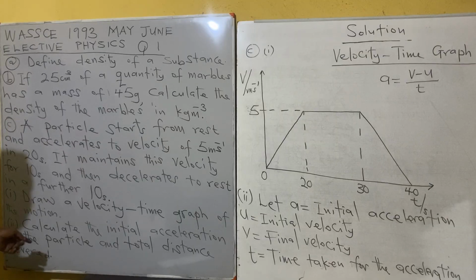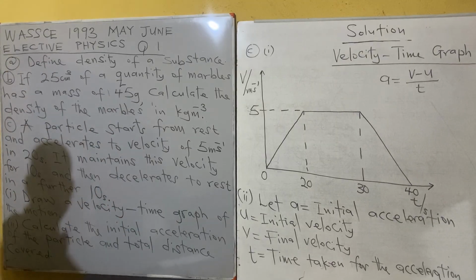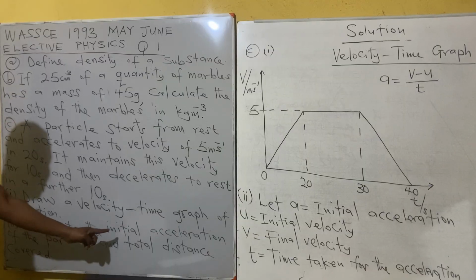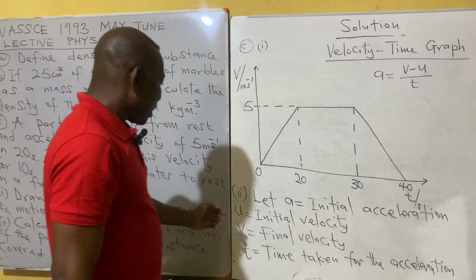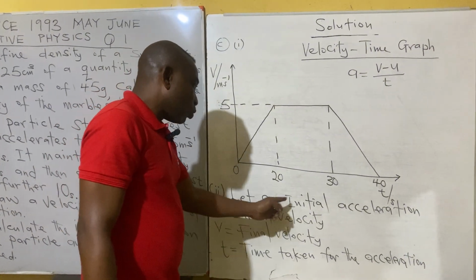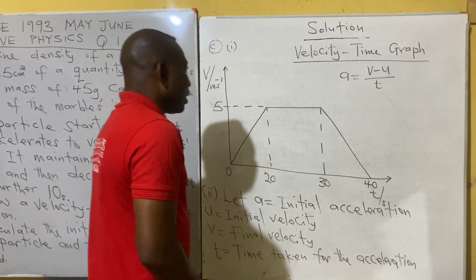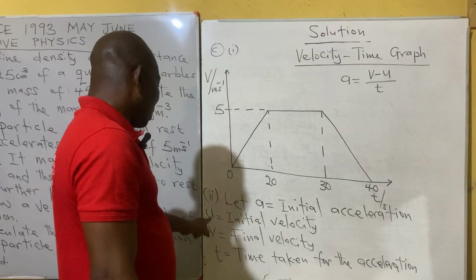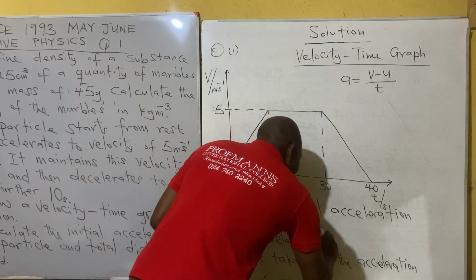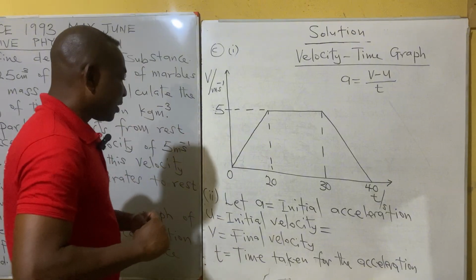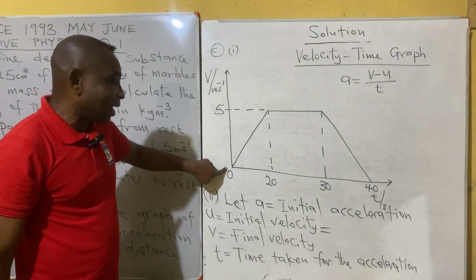II, calculate the initial acceleration of the particle and total distance covered. Okay, so we say let A is equal to initial acceleration, which we are yet to calculate. U is equal to initial velocity. And then the initial velocity is 0 because it's initially at rest.